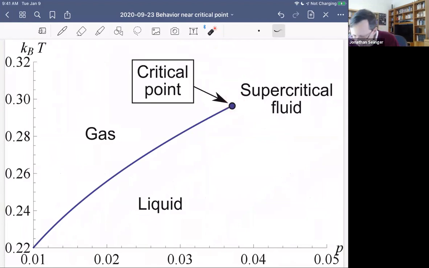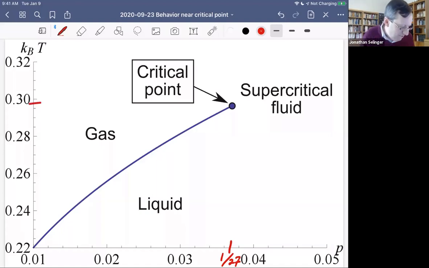That tells us that the critical pressure here is 1/27, and the critical temperature is whatever I worked out, 8/27, in units where A and B are equal to 1.